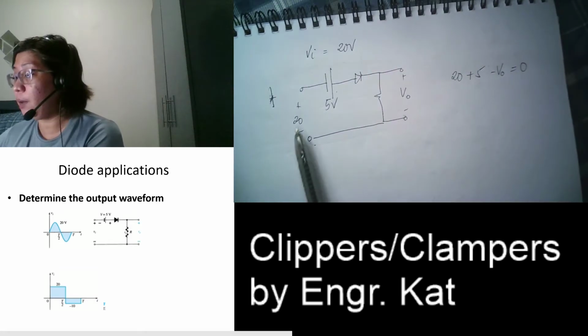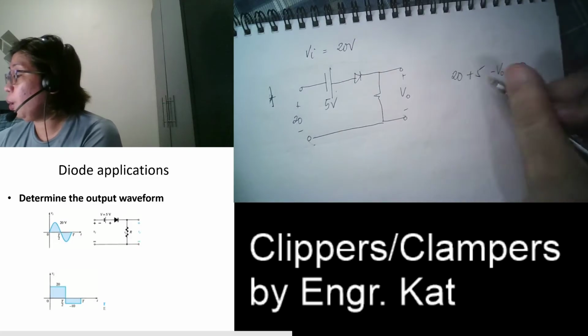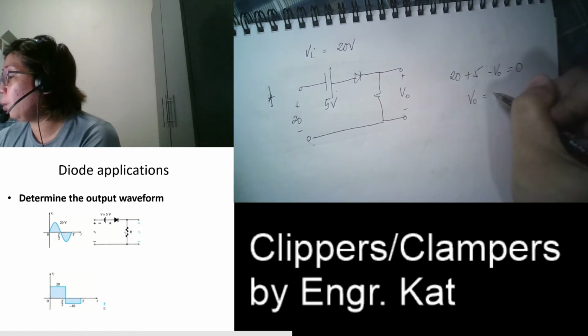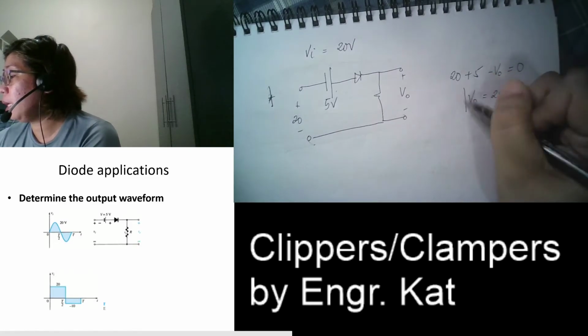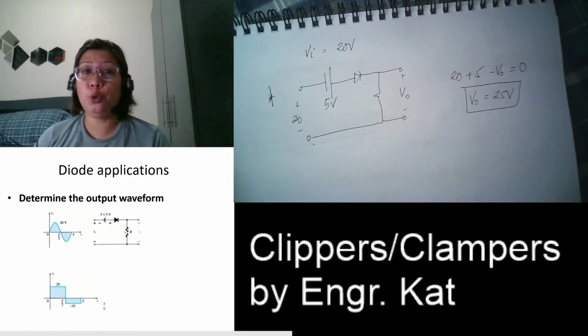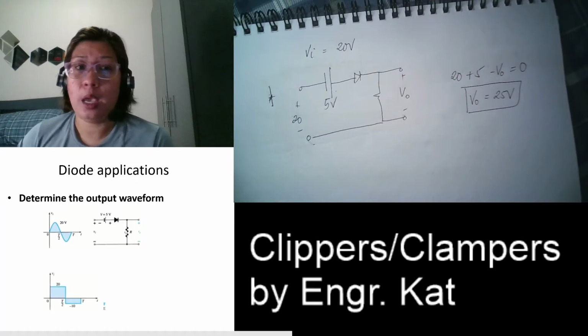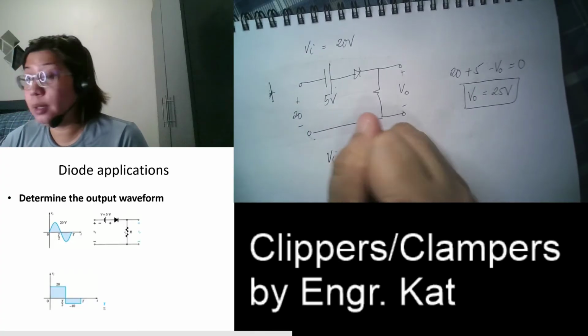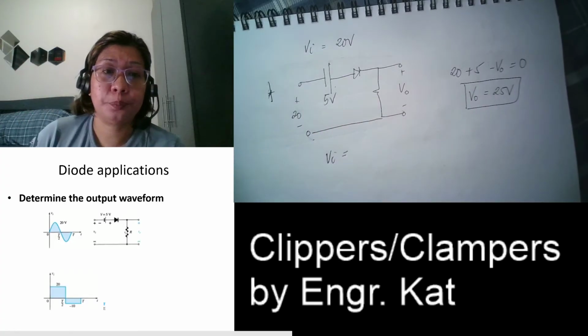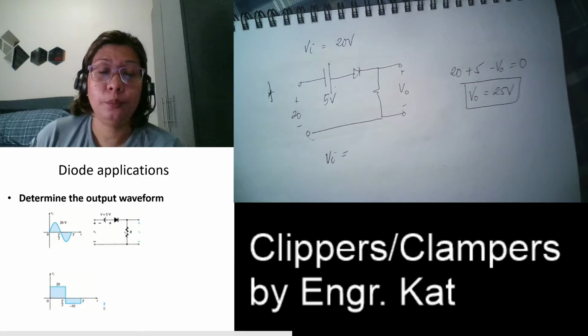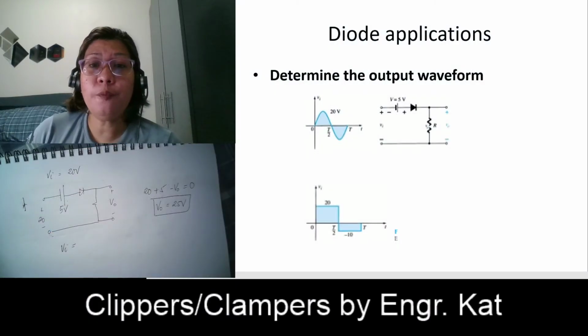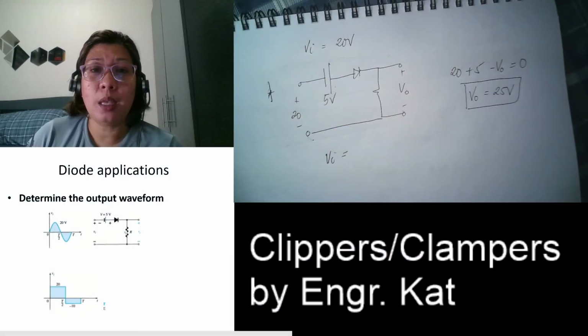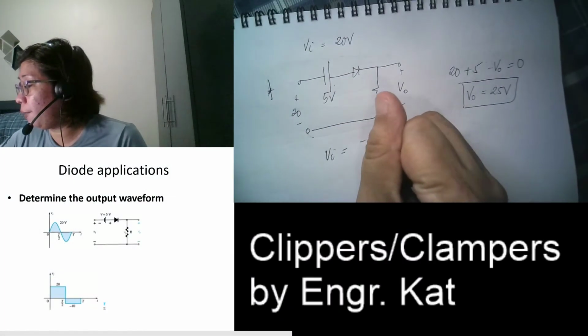So during positive half cycle, VO is equal to 25 volts. So this is my output during the positive half. Okay. What if my input is equal to negative 10? So what happened when my input is equal to negative 10?